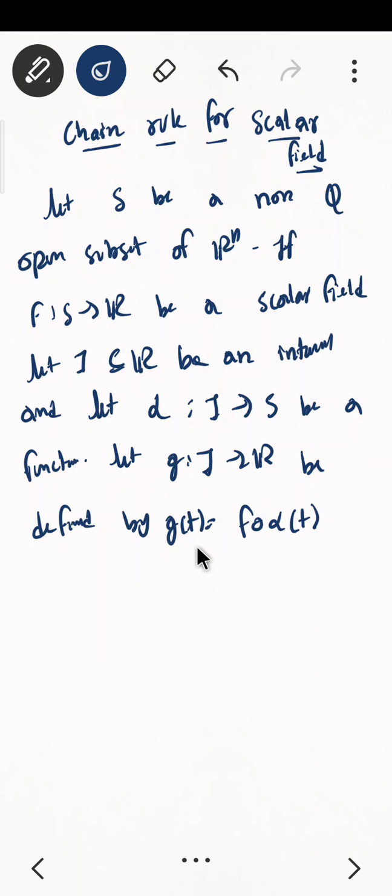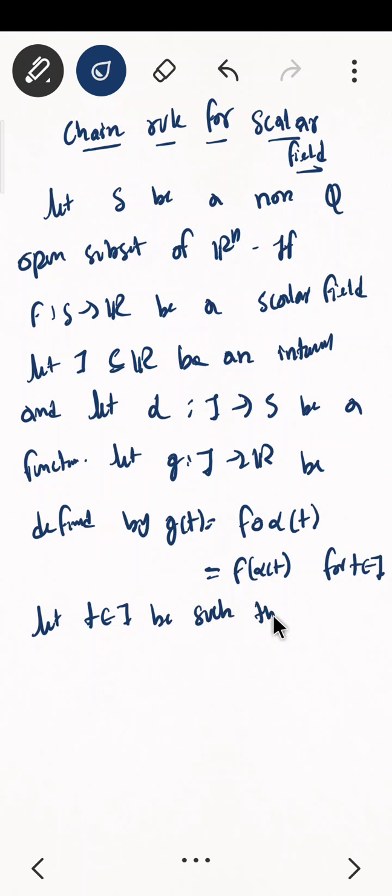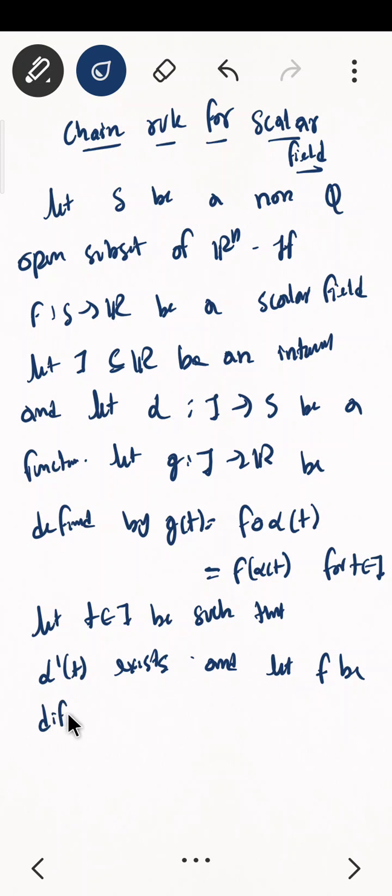Okay, that is f of alpha of t for t belongs to I. Okay, let t belongs to I be such that alpha dash of t exists, and let f be differentiable at alpha of t.